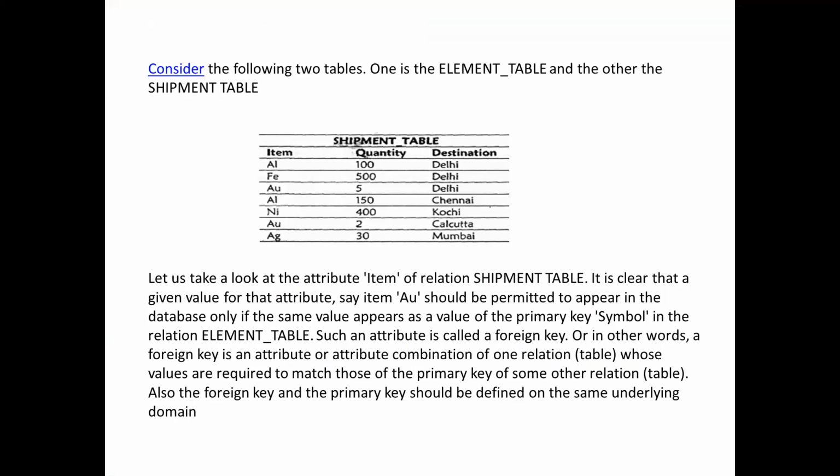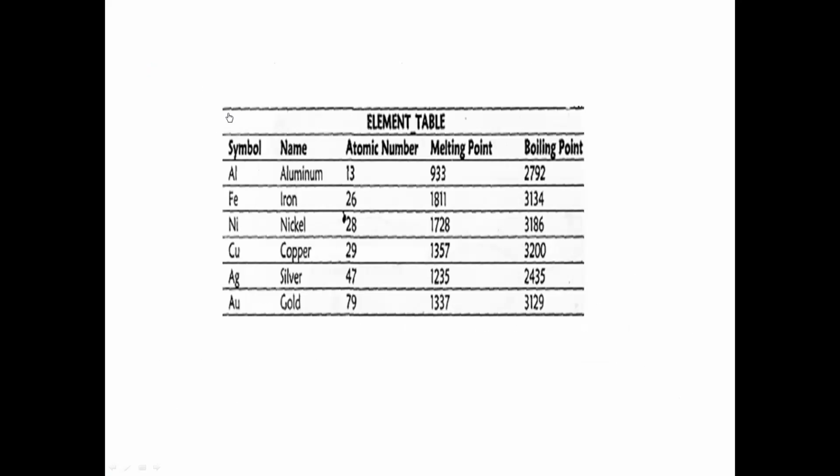It is clear that a given value for the attribute, say AU, should be permitted to appear in the database only if the same value appears as a value of the primary key symbol in the element table. It appears if and only if this particular value appears under symbol, and that symbol is the primary key for that table. Is it there? Yes, it's there. AU is here, right?